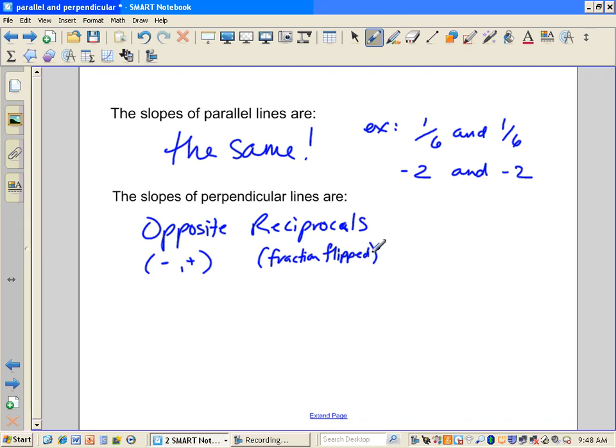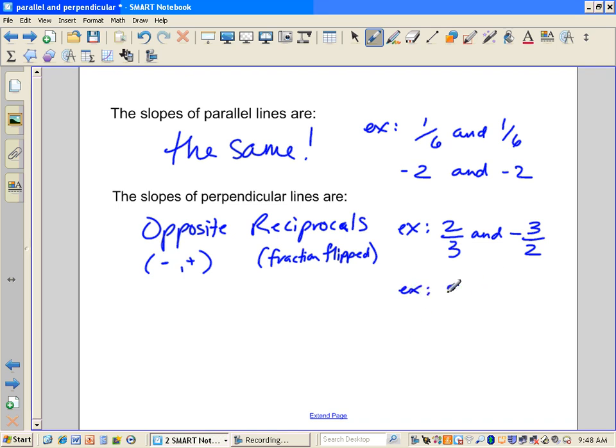Okay. So let's write some examples here. We could have 2/3. The opposite of that would make it negative, and the reciprocal part means it would be 3/2.